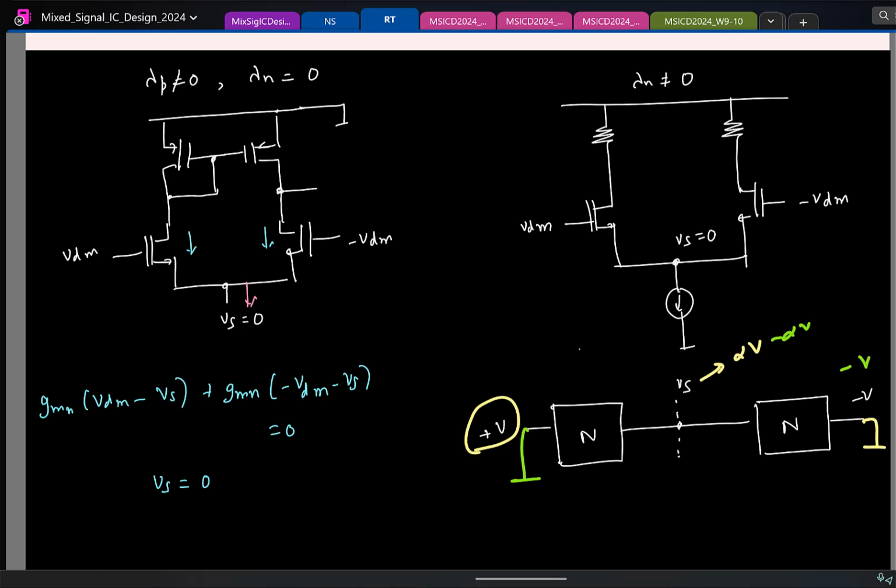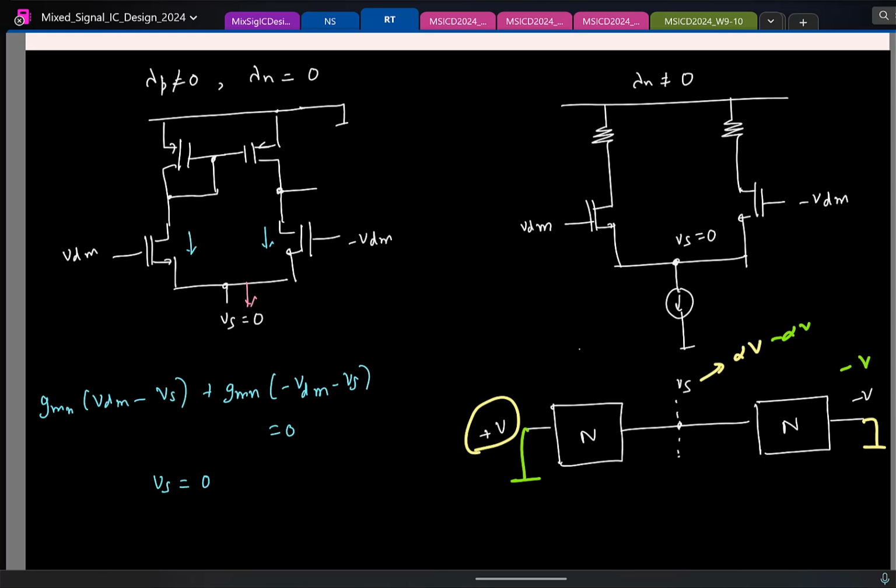Okay, think of it like this. In this circuit, which part is making this network asymmetrical? The upper PMOS. And what I have done, I have ignored the lambda for NMOS. If lambda is 0, what does it mean? RDS is infinite. In other words, does the drain current depend on the drain voltage?